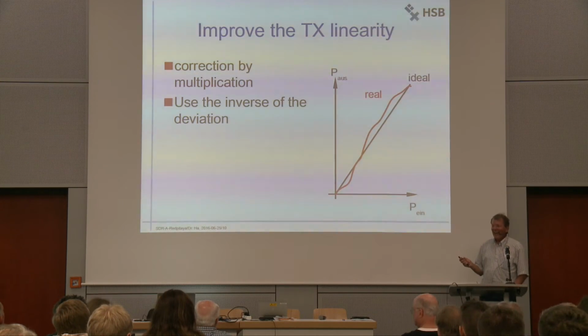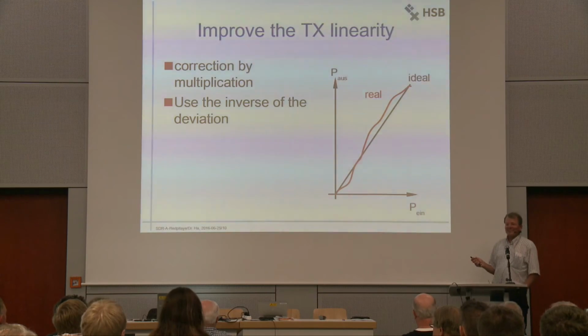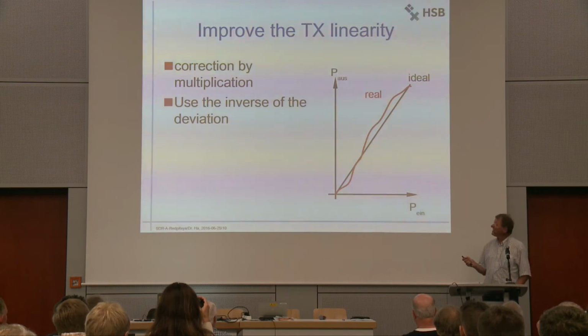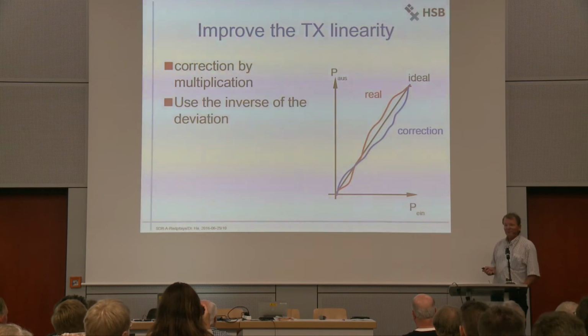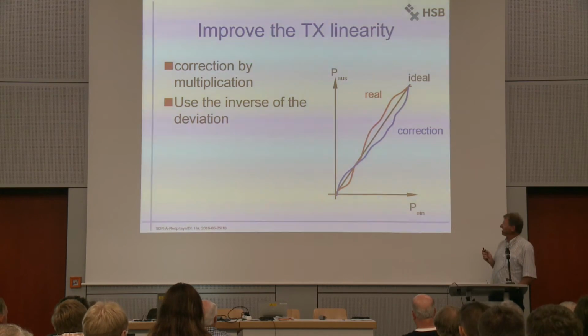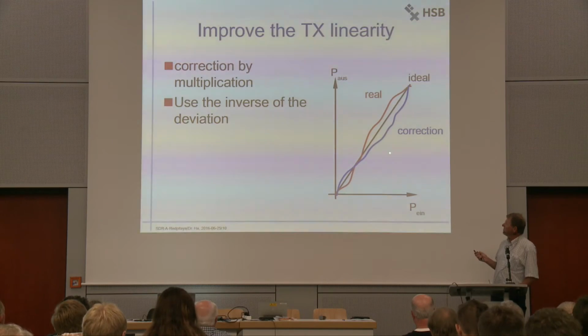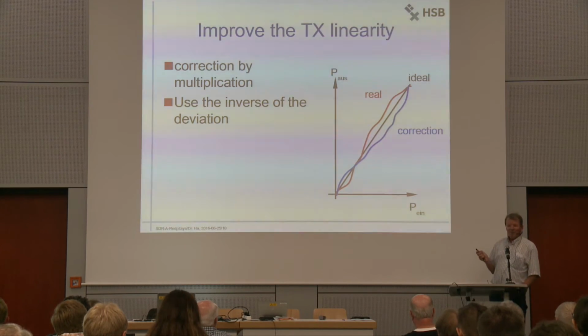And the very simple trick is that we add a correction system to it. We multiply this correction with the real curve, and if everything works fine, we get the black one.